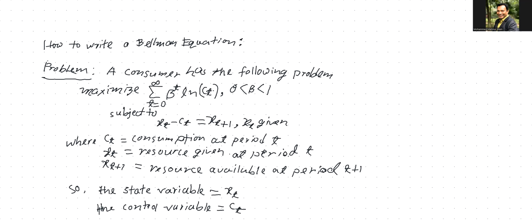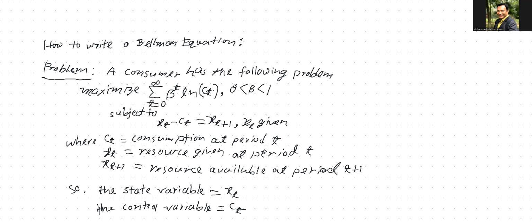So I think that explains how we can write a Bellman equation from an infinitely lived agent. It can be done for any finitely lived agent too. So this is a discrete time problem. The Bellman equation is a discrete time dynamic optimization problem.